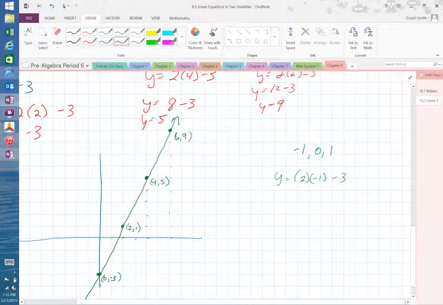Well, 2 times -1 is -2, minus 3. -2 minus 3 is plus -3, so -1 and -5 is that ordered pair.